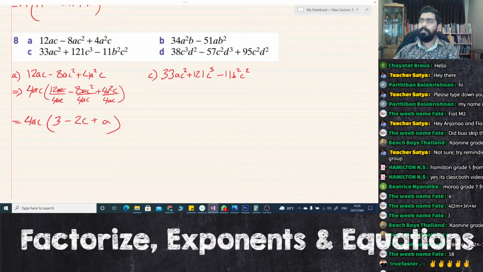Let us see what we're going to have here. We are going to keep 11 in front of the bracket. And what do you guys think we'll have in front of the bracket? We have AC square, C cube, and C square, so the greatest common factor is going to give us C to the power of 2, right, guys?